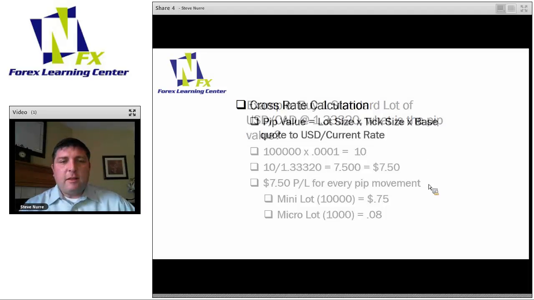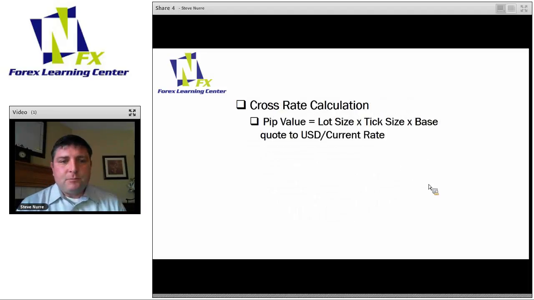And then finally, we have what are called cross rate calculations. When you start trading and get used to the market, you don't have to do this calculation every single time. You can look at a currency pair and where it's trading and pretty much know what the approximate pip value is, but it's always a good calculation to be able to do.